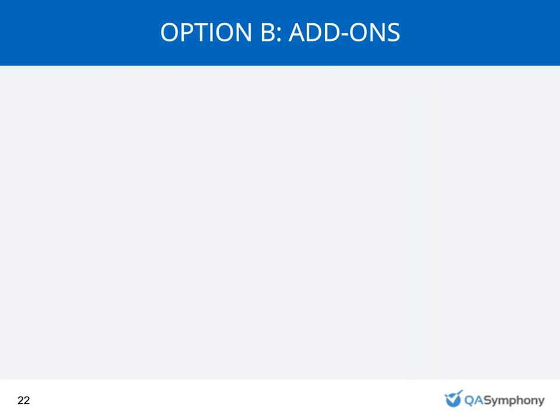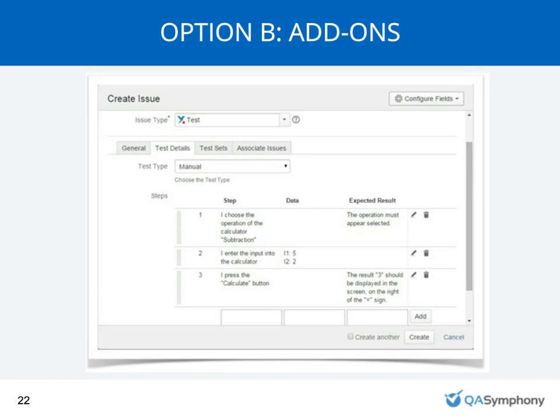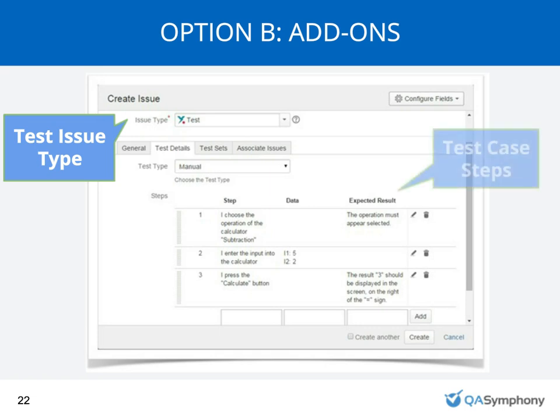So how do these add-ons extend the functionality that we really desire? The first thing the add-ons do, and this is the X-Ray plugin you're seeing here, is that they automatically create a test issue type. And you can notice down below that you've also got test case steps added into that test issue type. Previously we talked about how, if you create your own issue type, you have to add in a bulk section for your steps to complete and your expected outcomes.